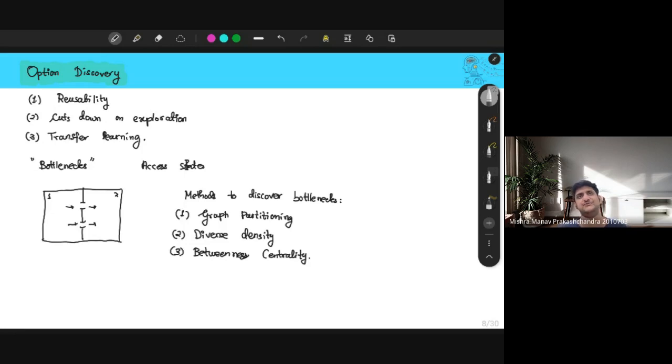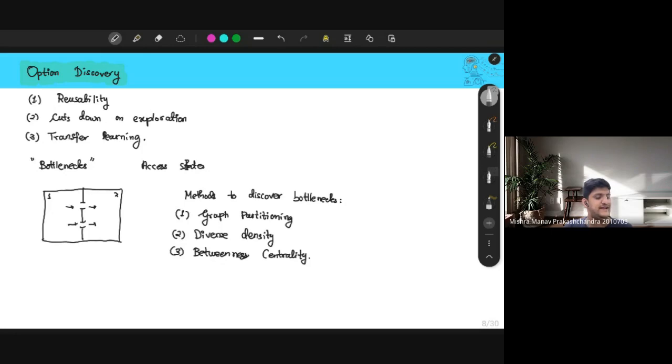If I were to go from a start to a goal location, the number of shortest paths that pass through a particular node is defined as the betweenness centrality for that node. It turns out higher betweenness centrality denotes a bottleneck. There are other methods also, like node centrality and degree centrality, but these need not necessarily denote a bottleneck. Betweenness centrality is a known method to detect a bottleneck in a graph.